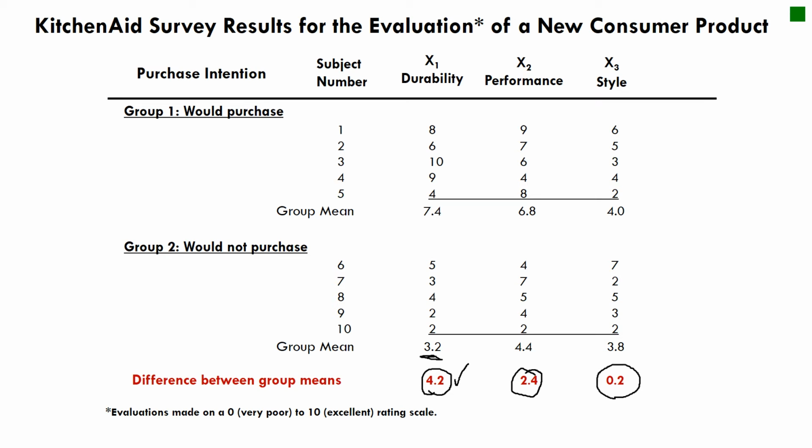So just as a preliminary matter, we may think that these first two variables will be important in distinguishing group 1 from group 2, and we may find that this last one, style, may end up being non-significant and not really an important feature that would help us distinguish or differentiate one group from the other.